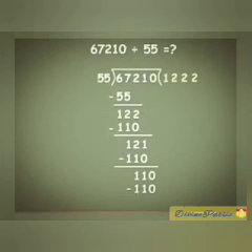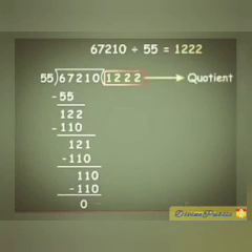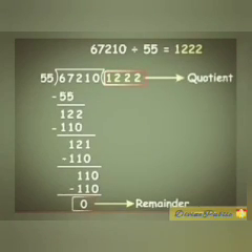Now there is no digit left to put down, so this means we have completed our division. Thus 67,210 divided by 55 equal to 1222. So in this division, 1222 is the quotient and 0 is remainder.